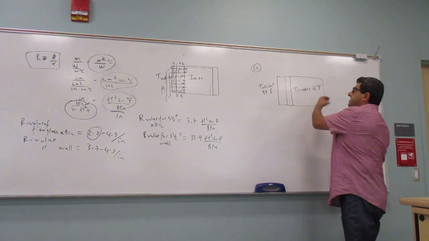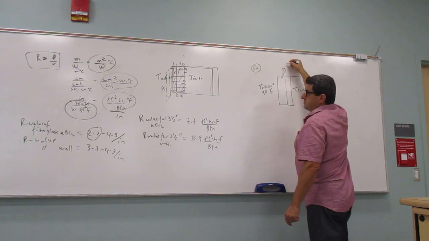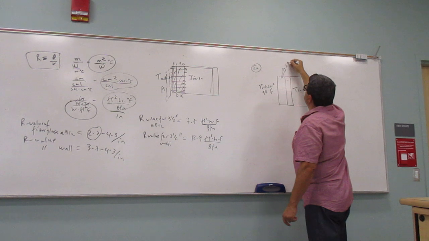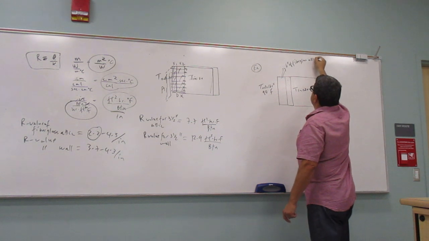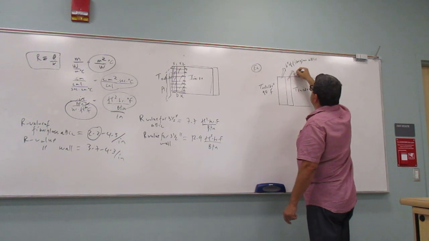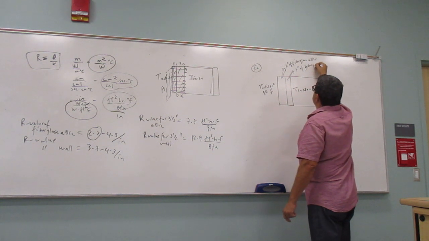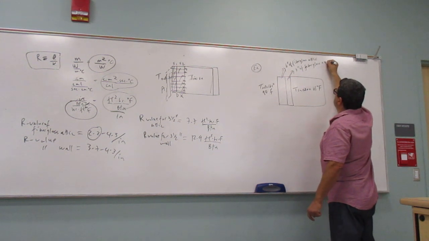So how much heat is going to flow through that? Let's say you have 6 inches of fiberglass attic, and then 3 inches of fiberglass wall.